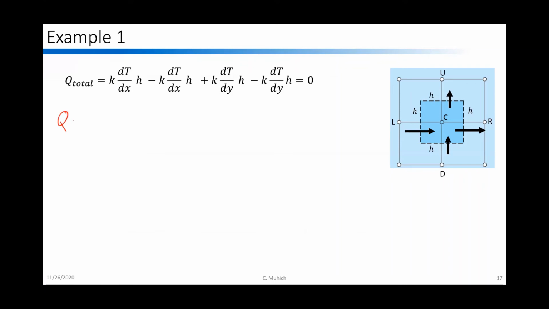So we can simplify this. Remember, we can take each of those K's, because they're in every single term, and cancel them out because the right-hand side is 0.